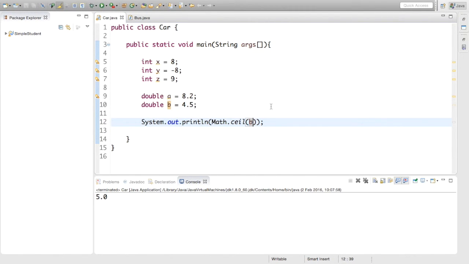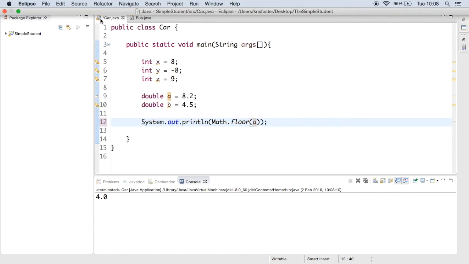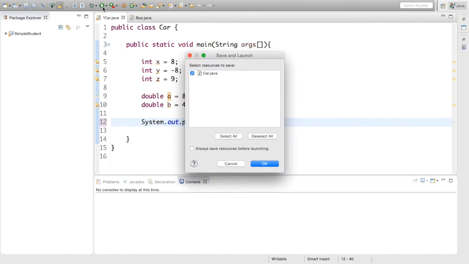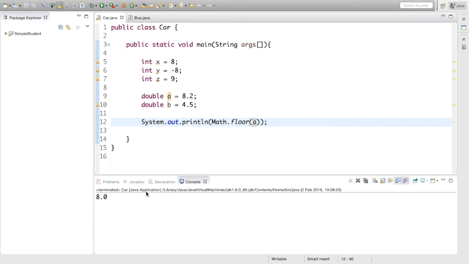Now what's the opposite of ceil? It's easy enough, it's called floor. And so if we floor b, then 4.5 rounded down to the nearest whole number is just 4. And 8.2 rounded down to the nearest whole number is just 8. Okay, so that's quite easy.